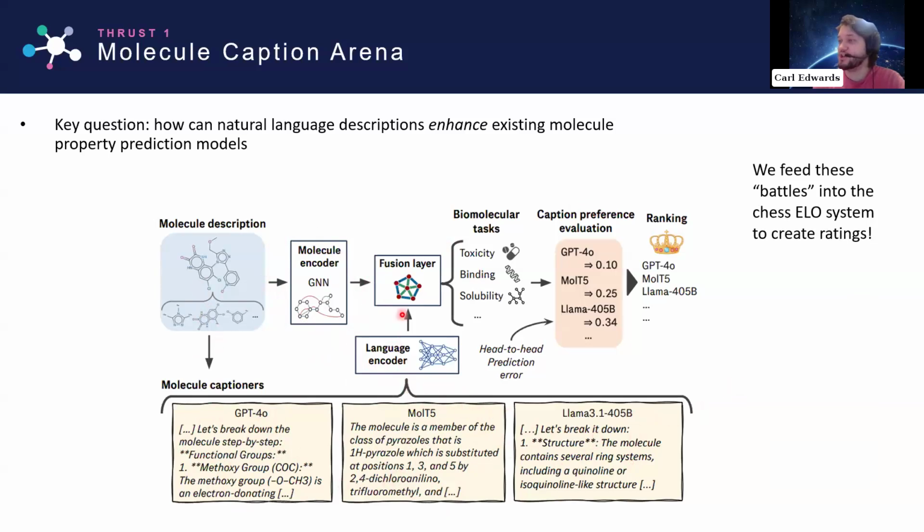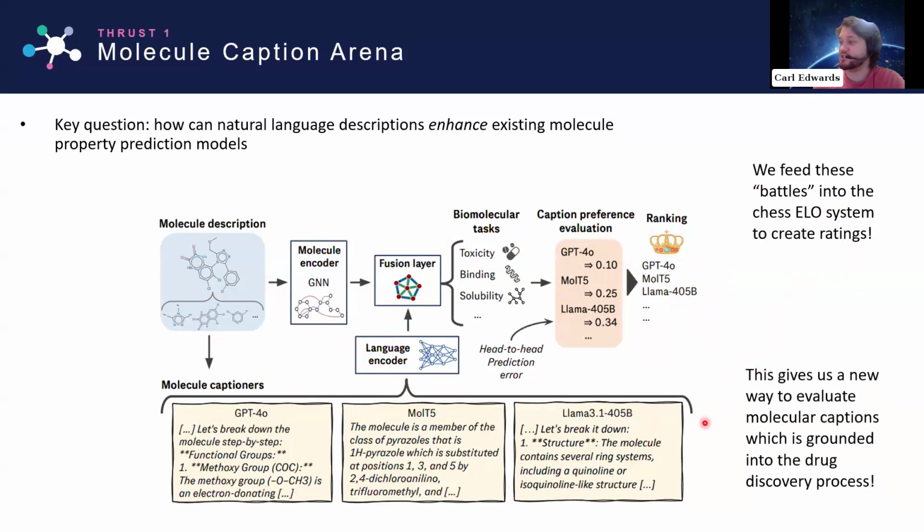Essentially, we look at the error we get from these different models, and then we use that to rank the models. So this is one instance of a battle, essentially. And we can actually feed these battles into the chess Elo system to create ratings. This gives us a new way to evaluate molecular captions, which is grounded in the drug discovery process, although it's generally applicable to lots of different chemical domains.